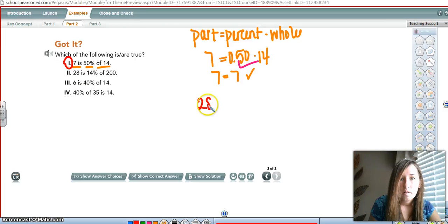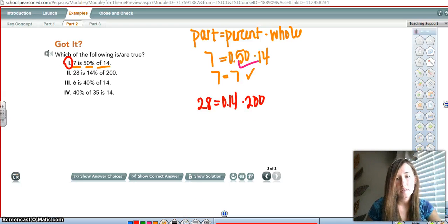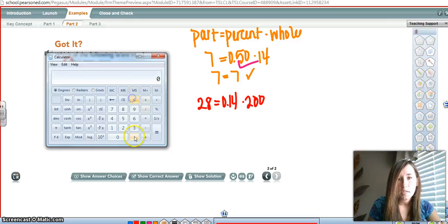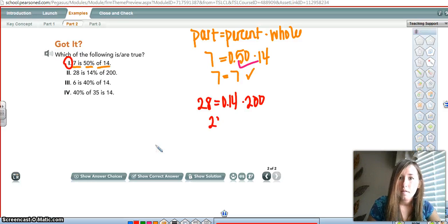28 is 14% of 200. Let's test it. Is it true that when we do 14% of 200, or times 200, that we get 28? Yeah, we do.